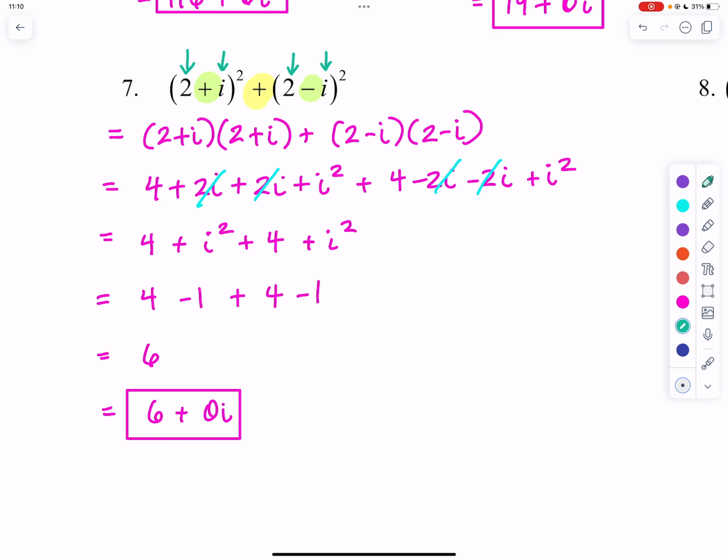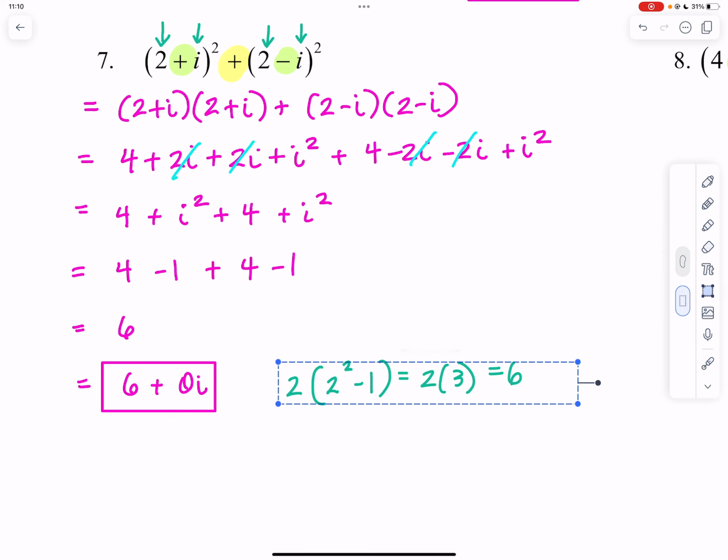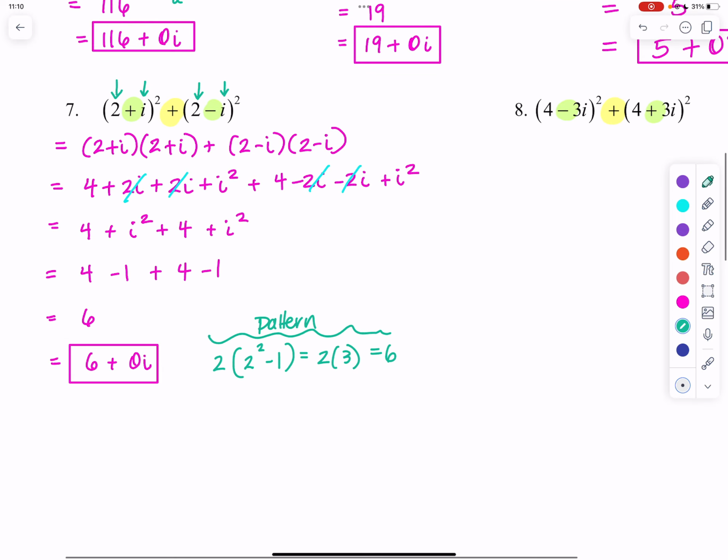So looking at that pattern, you could say that this was 2 squared minus 1 times 2. So that's 2 times 3, and that's equal to 6. So this is our pattern. I think I would go ahead and just multiply this out, but let's see if we can come up with this here.